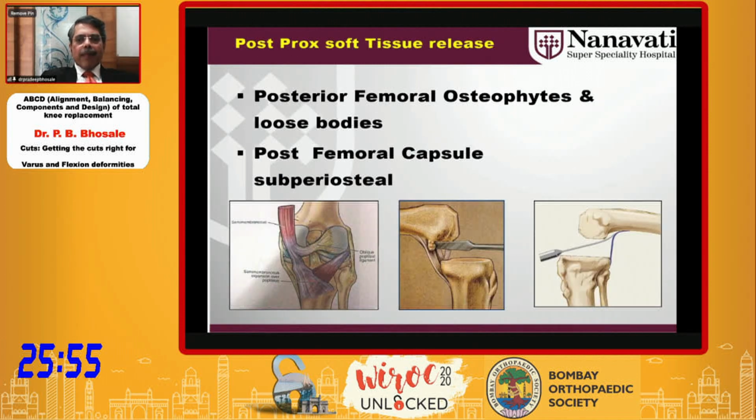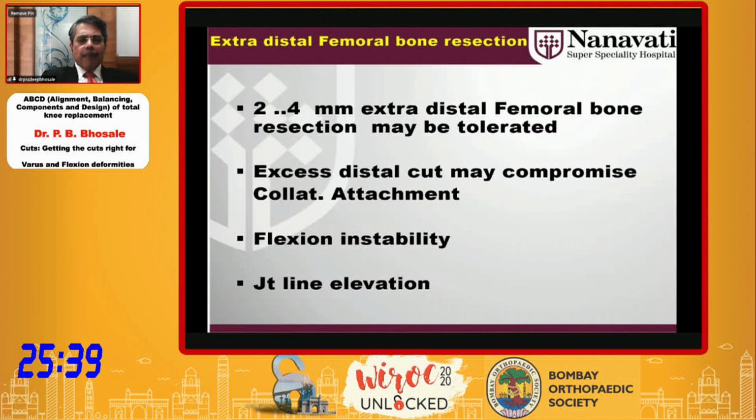So femoral osteotomy, osteophyte and loose body removal from the femur, and this is how you should release the posterior capsule very carefully from the femur, and it really helps. Go very carefully around the tibia, that gives wonderful relaxation. Up to 2 to 4 millimeters of extra distal femoral resection may be tolerated.